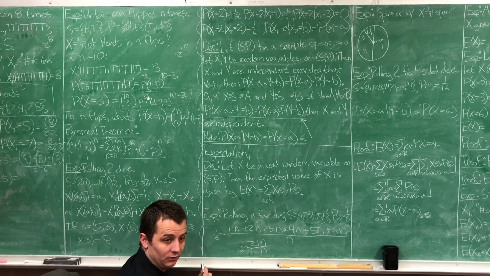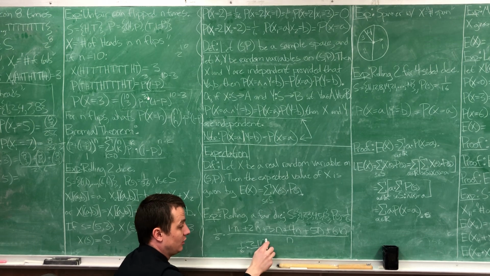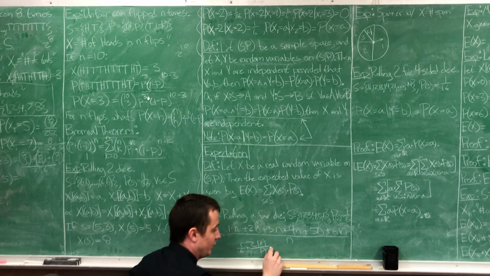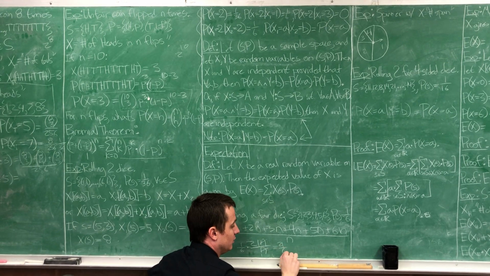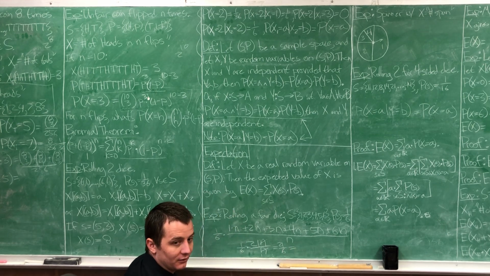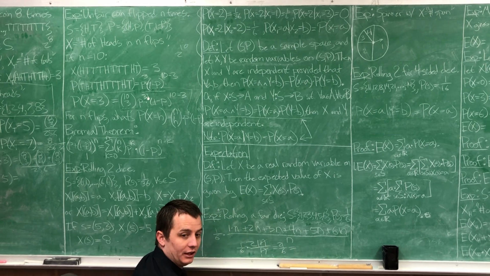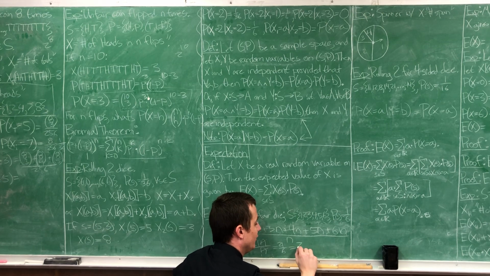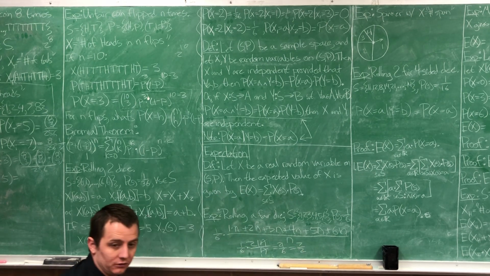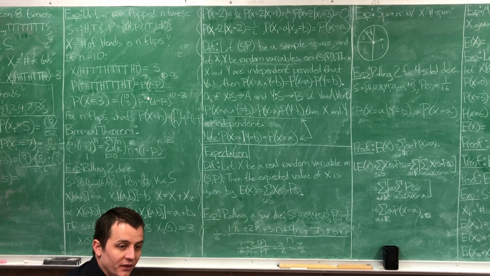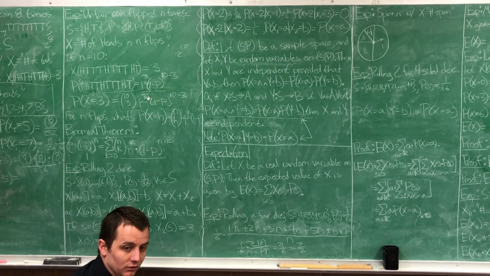Cancel out n top and bottom, and you get 21 over 6. 3 goes into both, so you get 7 halves, or exactly 3.5. That's your expected value.